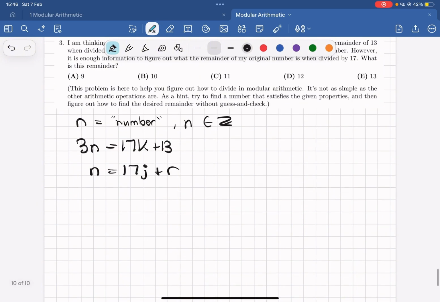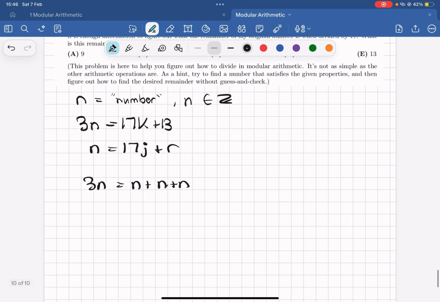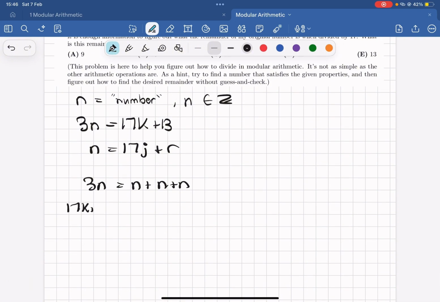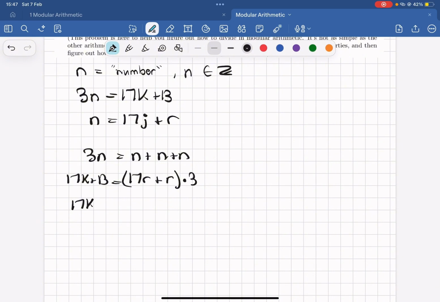So we can somehow make a link between these two equations using n. We know that 3n equals n plus n plus n. So 3n equals 17k plus 13, and n equals 17j plus r. So we expand: 17k plus 13 equals 51j plus 3r.